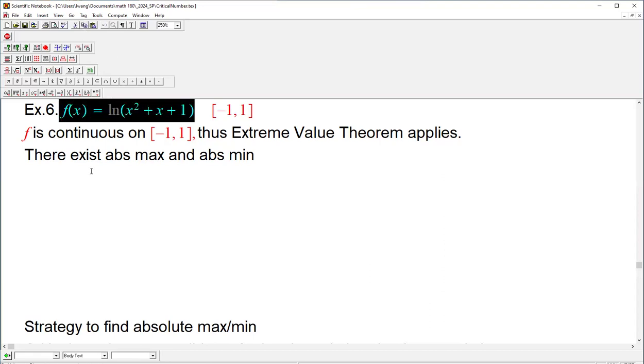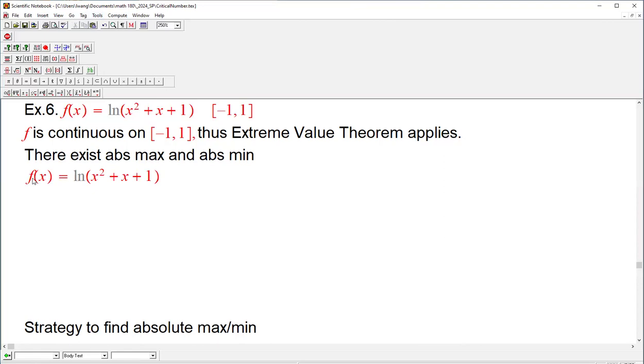Okay, I think this one, you just find the derivative. Derivative of ln of that, so it's 1 over, we're going to apply the chain rule, so 1 over that, and the derivative of x squared plus x plus 1 is 2x plus 1.